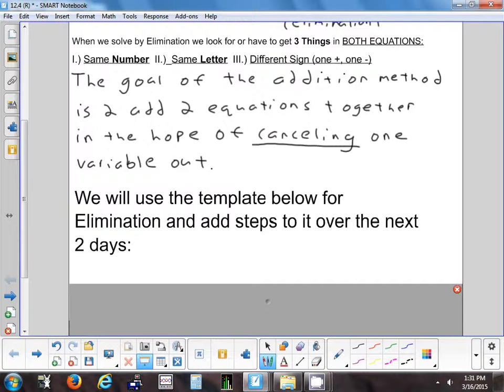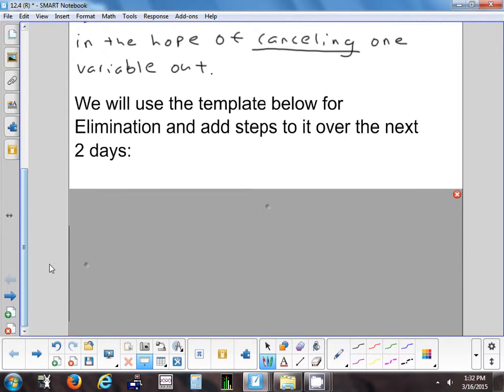With this elimination stuff, it helps to be organized. That's why we're going to give you the template. You'll see tomorrow, and then Wednesday on the back, we might add another piece to it, and the directions or steps might be a little bit different, but for the most part, it's the same template. We might just be adding something here or there.